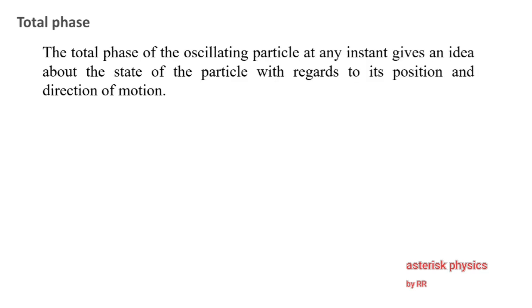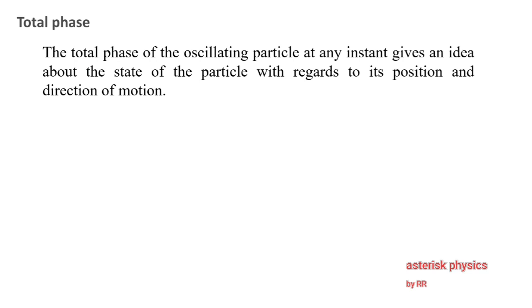Now, another important term is called total phase. What is total phase? Total phase of the oscillating particle at any instant gives an idea about the state of the particle with regards to its position and direction of motion. That is, total phase determines the state of an oscillating object.